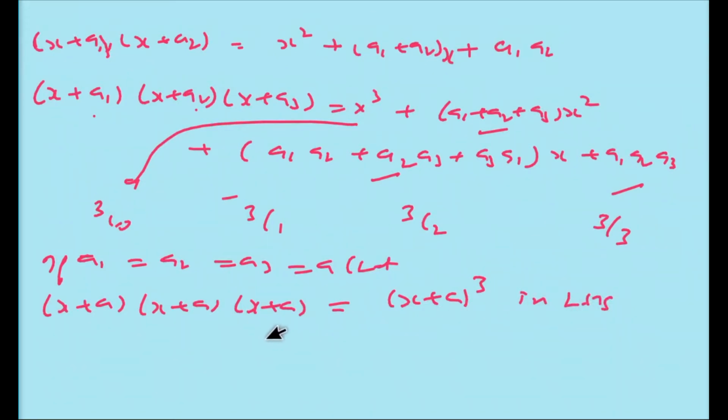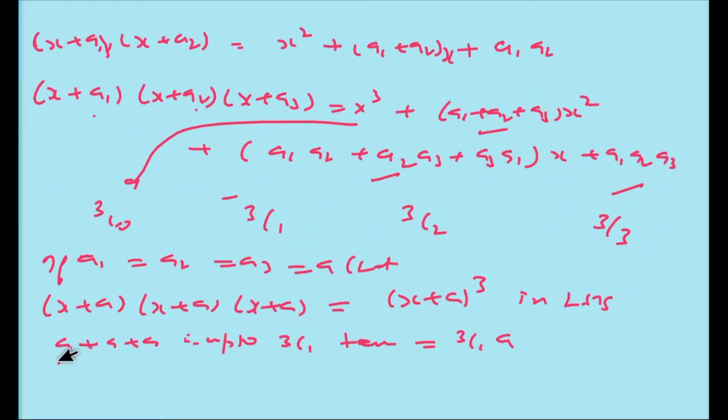Okay students, so now what about the RHS? a plus a, 3 times, how many times? 3C1 times, so the total is 3C1 a.